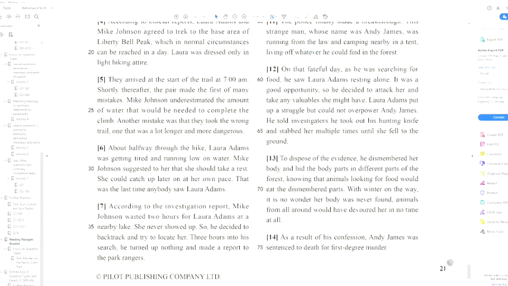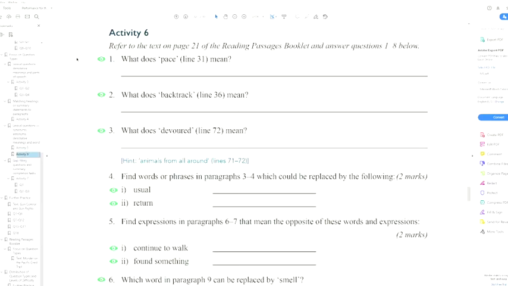So, what do you think? At her own pace, that's simply going to mean speed. How fast? You can go fast, slow. You know, if you hike, maybe you will separate for a little bit.